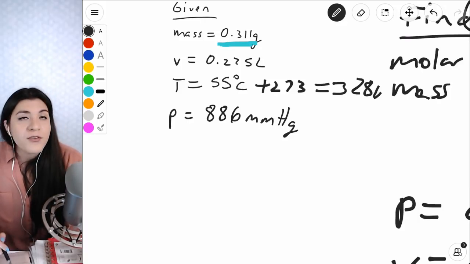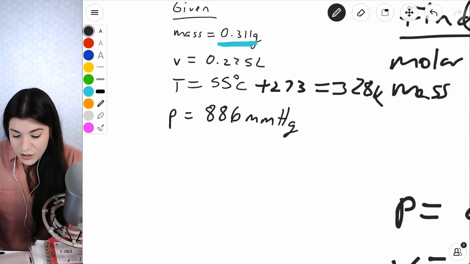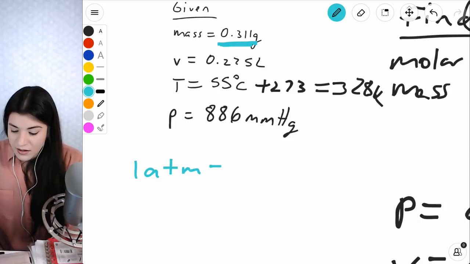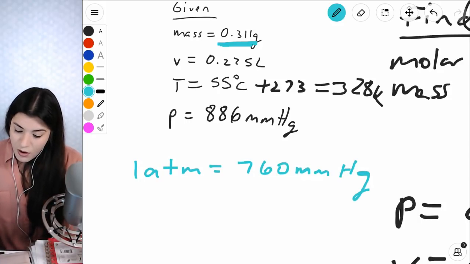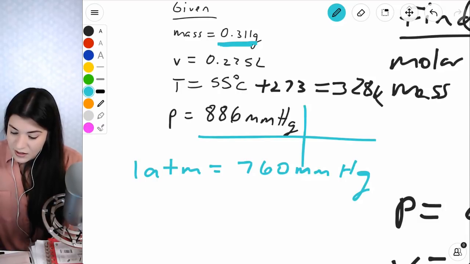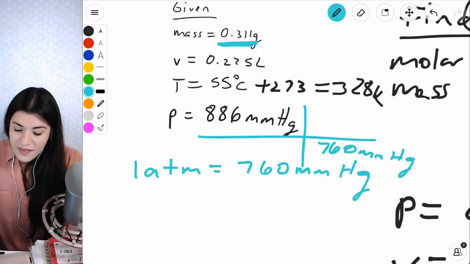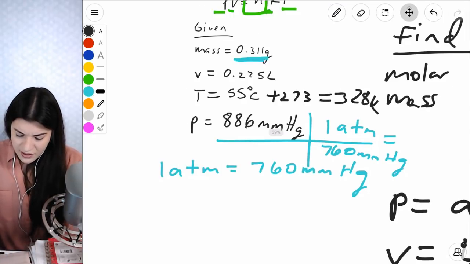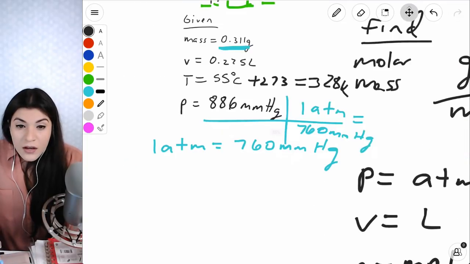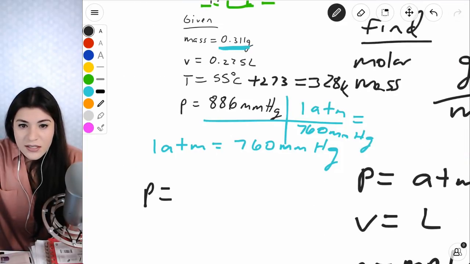And then next, for pressure, it's known that 1 atmosphere is equal to 760 millimeters mercury. So I'm going to use that as my conversion factor. I'll divide this by 760 millimeters mercury per every 1 atmosphere, and that'll give me my pressure in atmospheres. I'll put that down here.